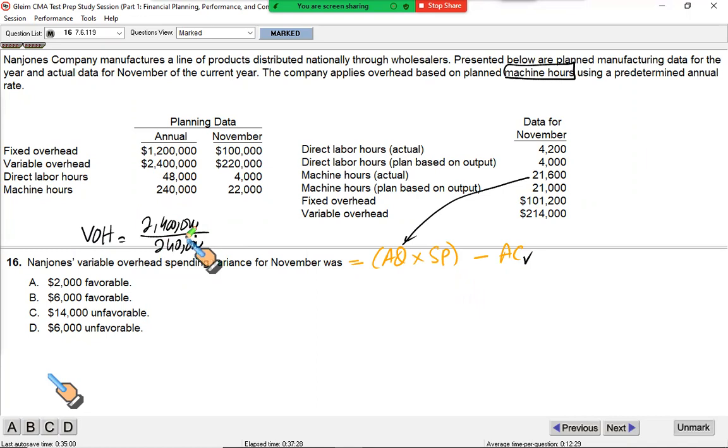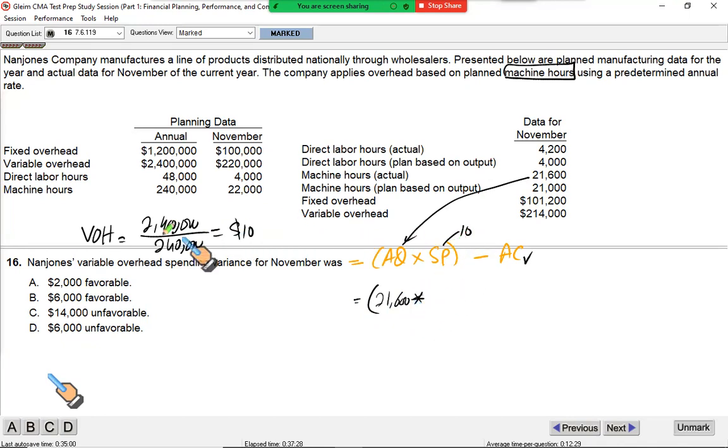So 2.4 million divided by 240, it gives you $10. So our variable overhead rate, or our standard price, or variable overhead absorption allocation, it's 10. So this is $10. Now we just plug in the numbers. Actual quantity of machine hours we used was 21,600.